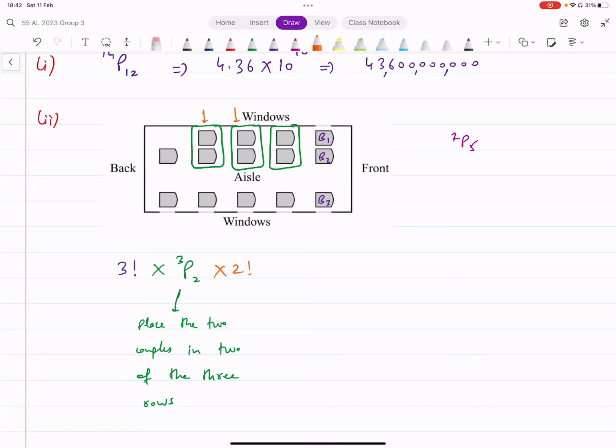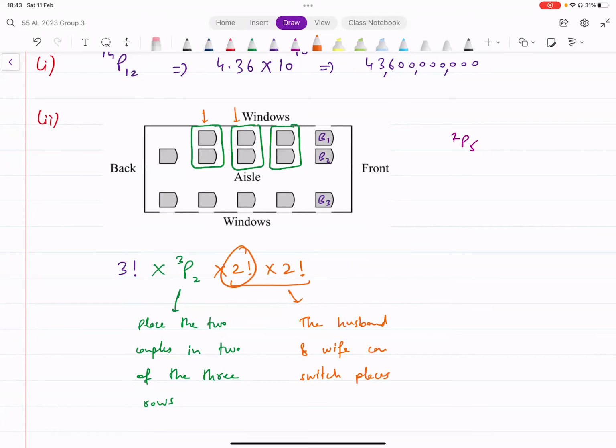So we multiply this by 2 factorial for Mr. and Mrs. Brown, and then by 2 factorial for Mr. and Mrs. Lin. तो ये क्यों कर रहे हैं हम? These two, we're saying the husband and wife can switch places with each other as well.